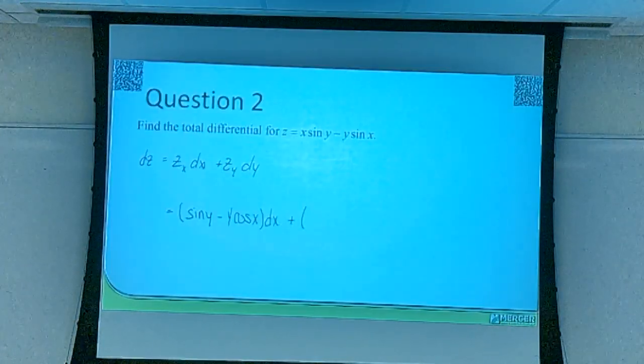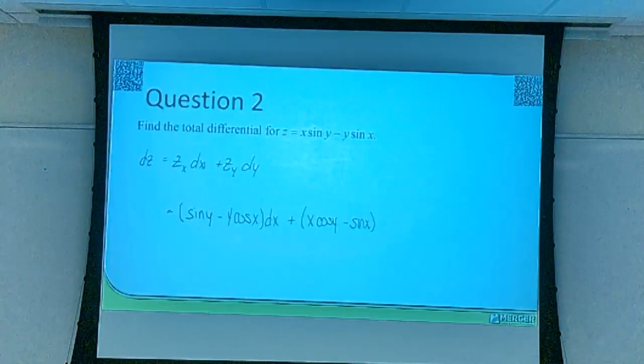And what is the partial with respect to y? Or x cosine y minus sine of x. Yeah, there's the total differential.